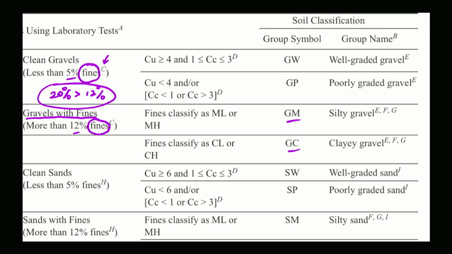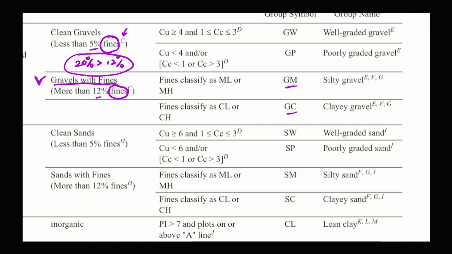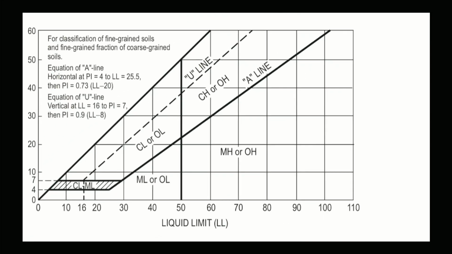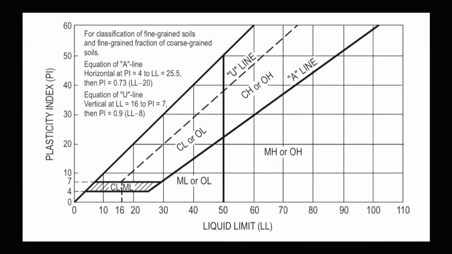And this is where we would need the A-line chart. The A-line chart is down here. So you have a liquid limit on the x-axis, and you have the plasticity index (PI) on the y-axis.